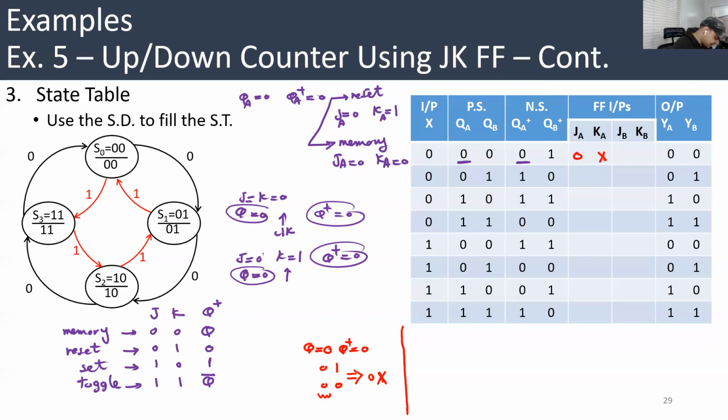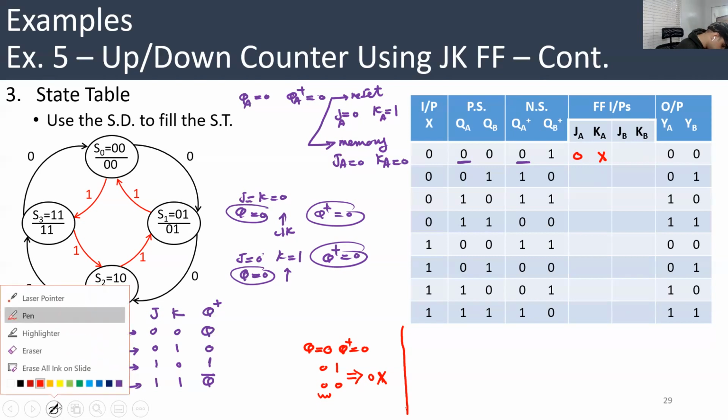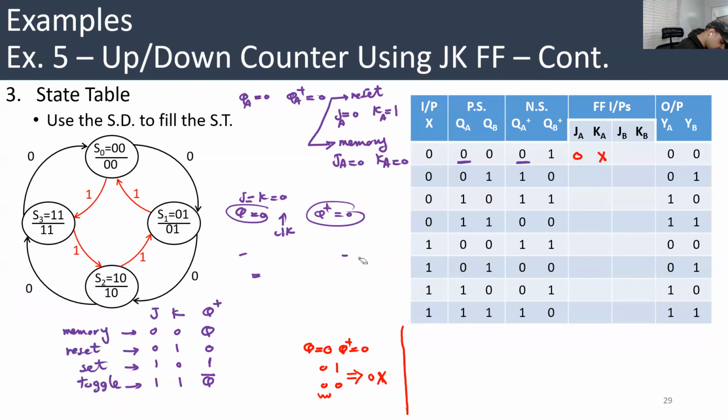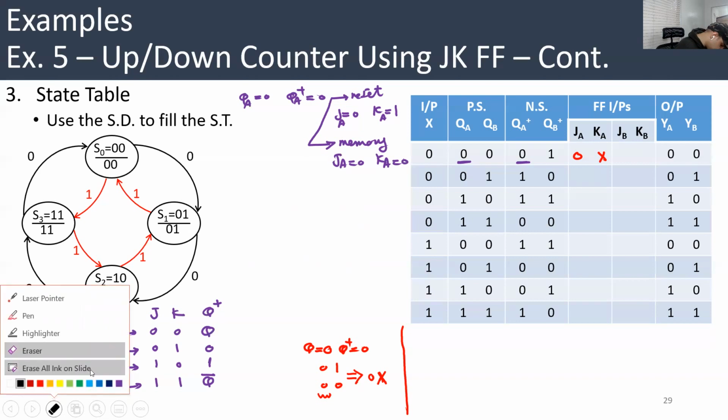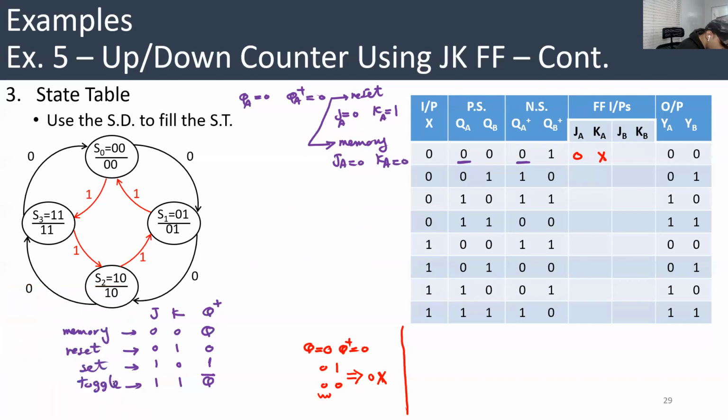Good. Next state. Let's erase this here. Next, enter in the table QA 0, QA plus 1.